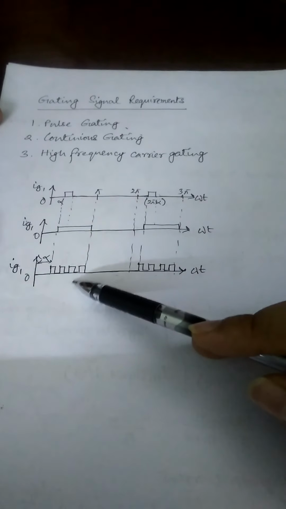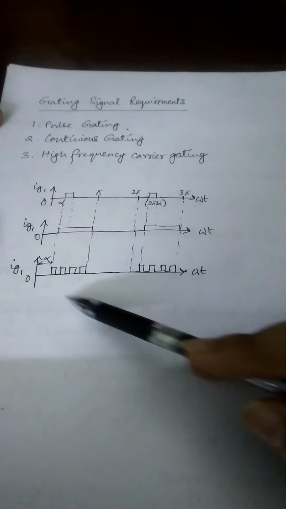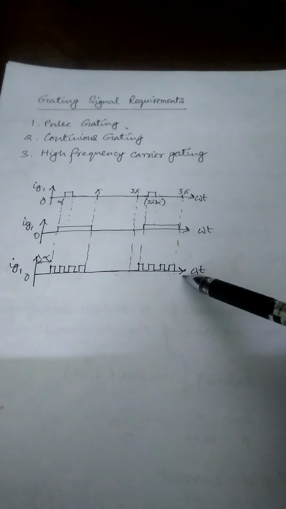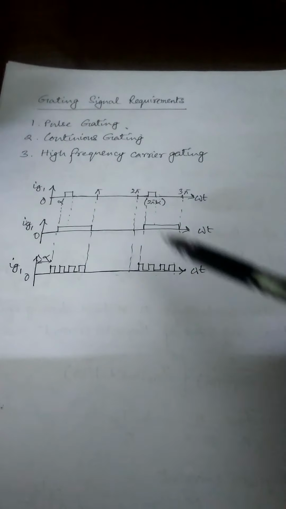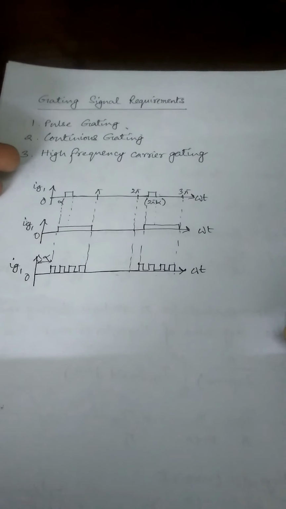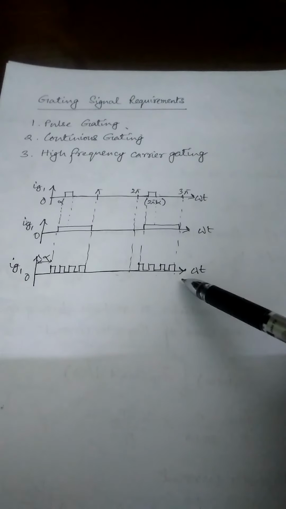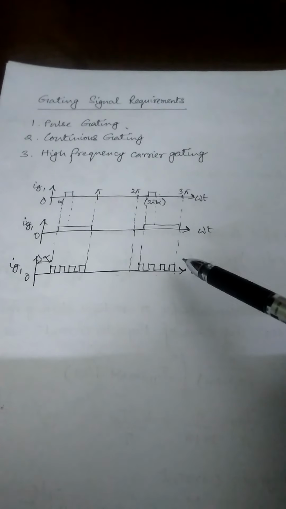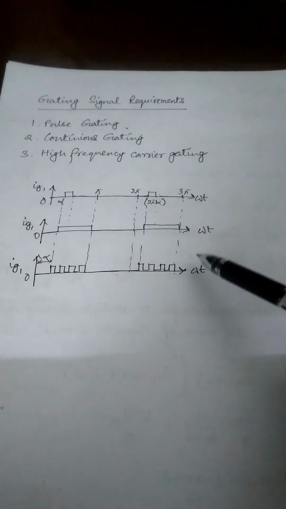This is also called high frequency carrier gating, and it is more advantageous than the continuous gating signal mode. So we can consider this as the application in case of the RL load.